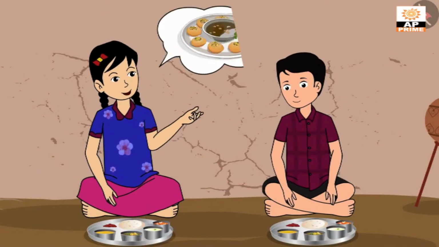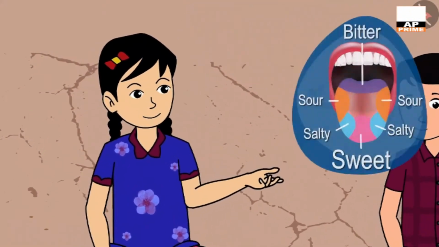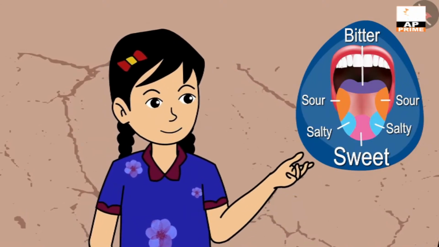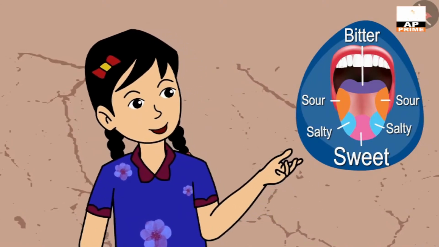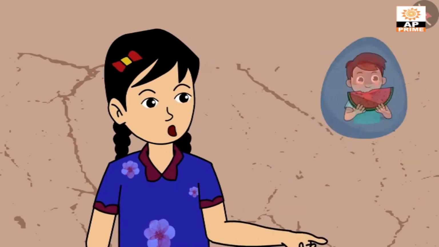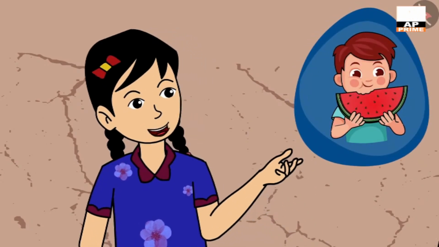Like when we think about golgappas, our mouth instantly starts watering. There are taste buds for different tastes on our tongue, because of which we can sense the different tastes. There is a salivary gland which secretes saliva. It mixes with the food and helps to make it soft and helps us to gulp it easily.